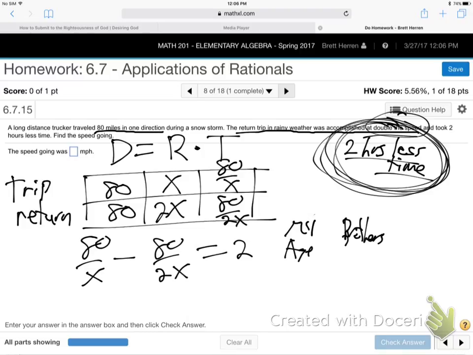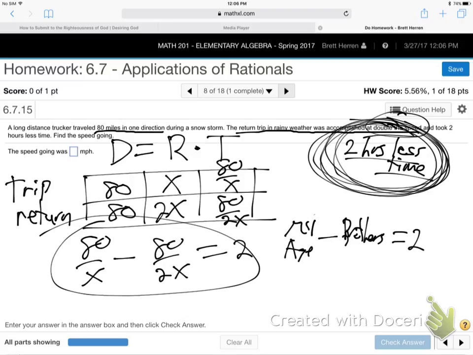He's actually 3, but let's say it was 2. What would you do? Wouldn't you take my age minus my brother's, and that would be 2? When somebody's 2 less, doesn't that mean the difference is 2? The subtraction is 2? Isn't that what that means? When somebody's 2 less or 3 less? When somebody's less, that means the difference is that, right? That's why I'm doing this. Does that make sense? They told me 2 hours less time.